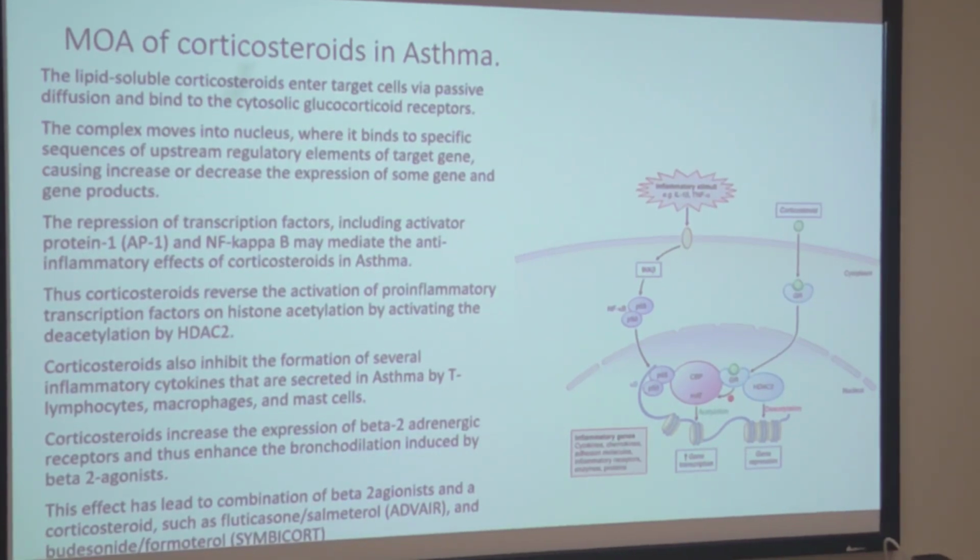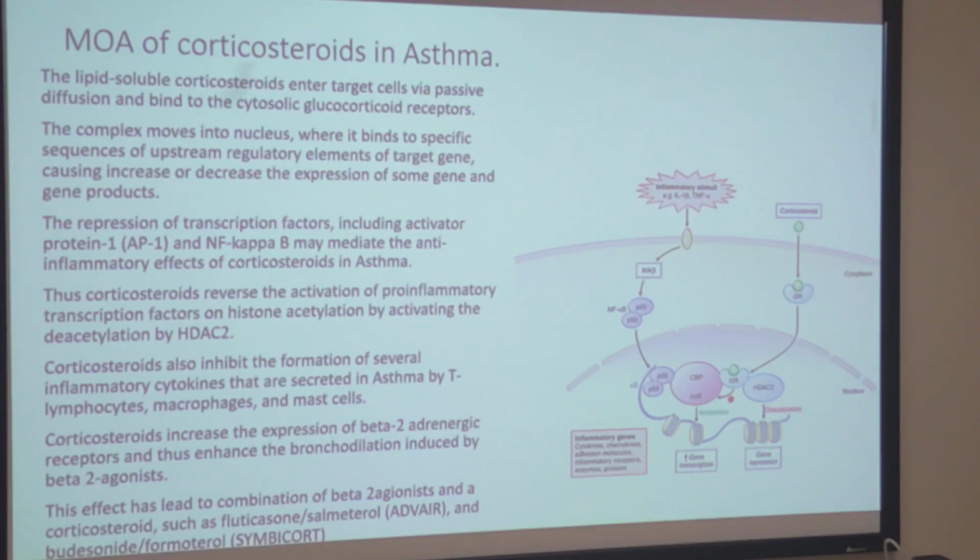It can be possible. So one of the gene expressions which they stimulate is the phospholipase A2 inhibitor gene. The phospholipase A2 inhibitor gene gets expressed, and that will cause what? That will inhibit all the pro-inflammatory mediators generated from arachidonic acid.